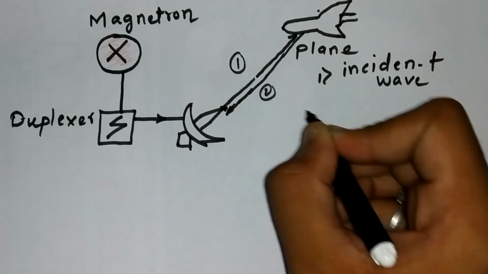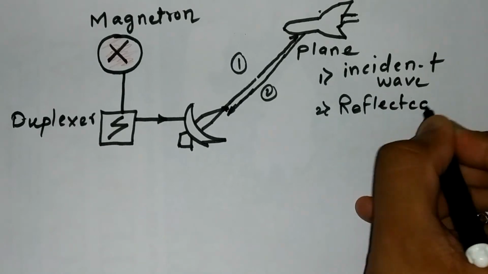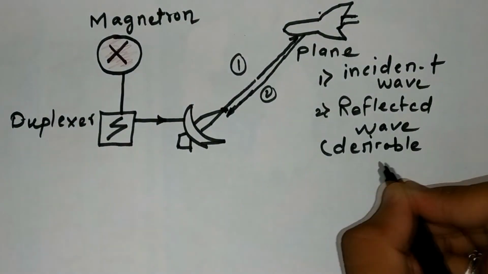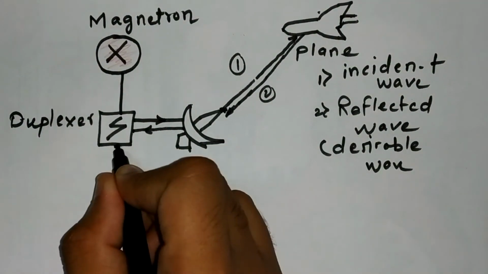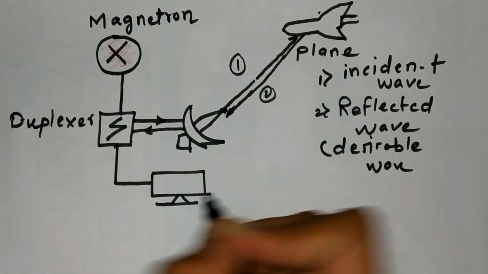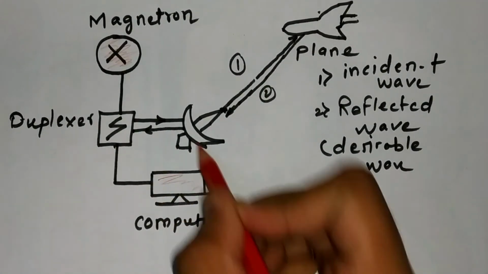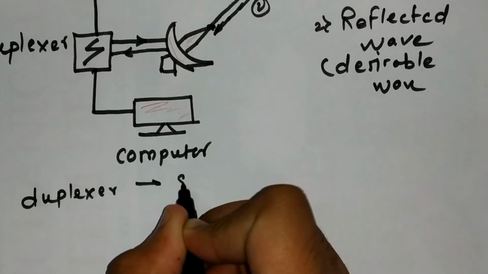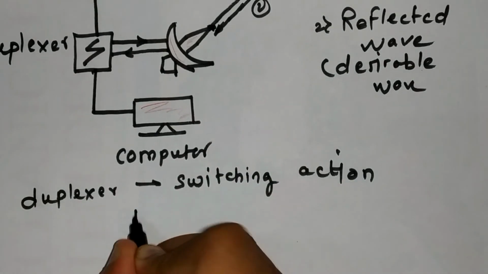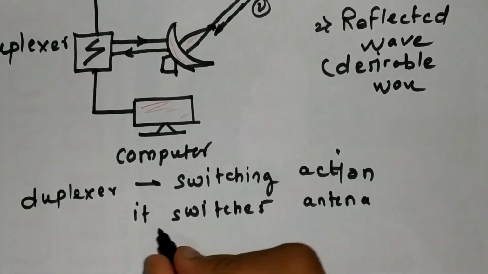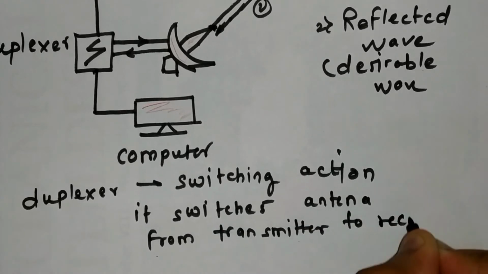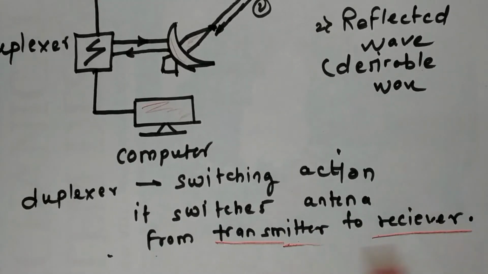Those reflected waves are the desirable waves for our radar. Then the duplexer switches from transmitter to receiver mode. The receiver receives the signal and sends the data to the computer. The computer computes the data and finds out the distance of the object, the velocity of the object, and other useful information. So this is all about the radar.